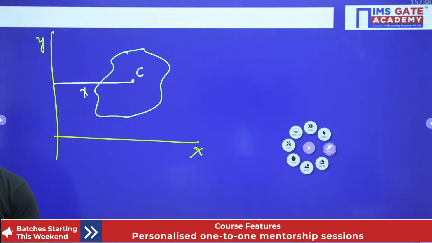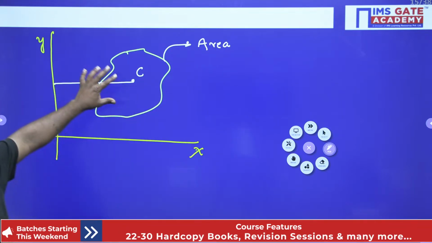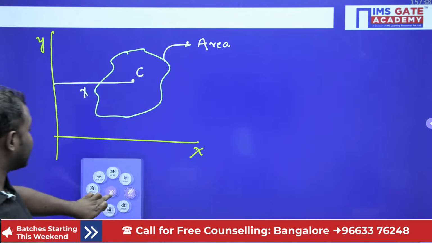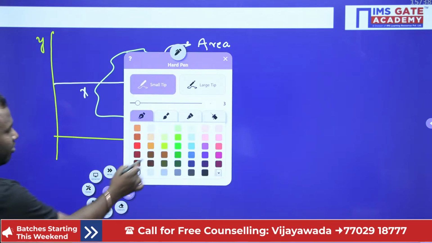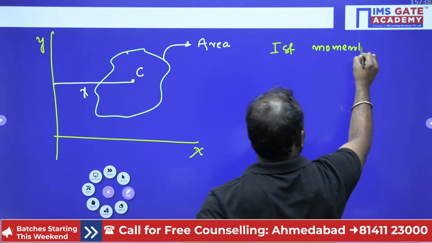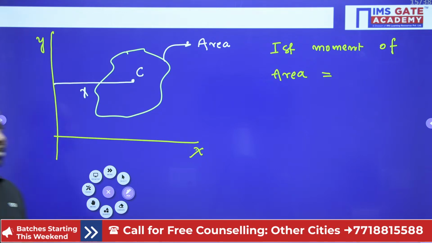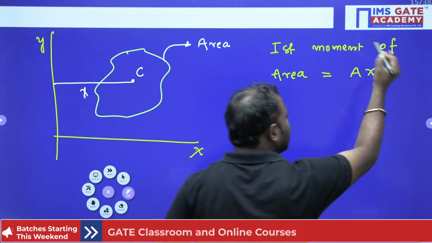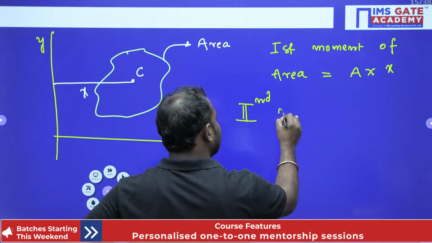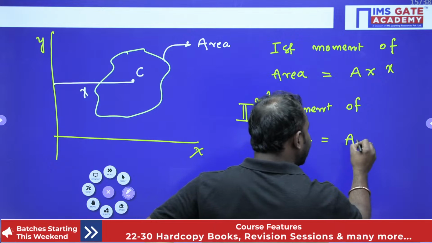Now how can we write the first moment of area? This is an assumed area whose center of gravity, or centroid, is at point C, located at a certain distance x. The first moment of area is area times x. Similarly, the second moment of area is area times x squared.